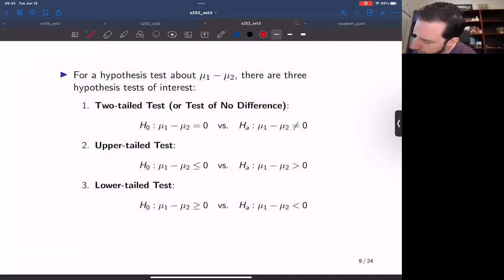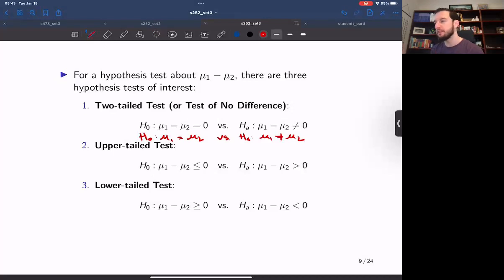So for example, our 2-tailed test is the same thing as mu1 equals mu2 versus HA, mu1 not equal to mu2. A lot of the time the phrasing of these problems is going to be, is there evidence that the first population mean is different from the second population mean?